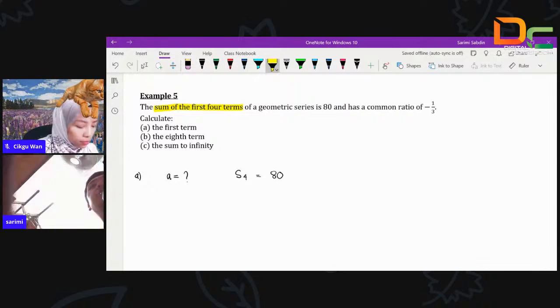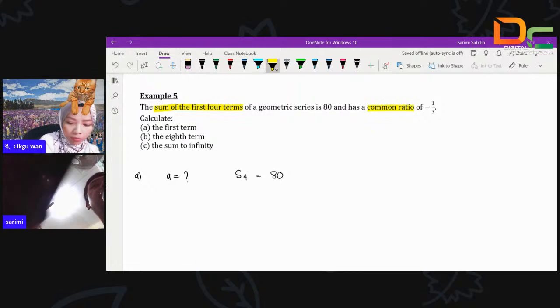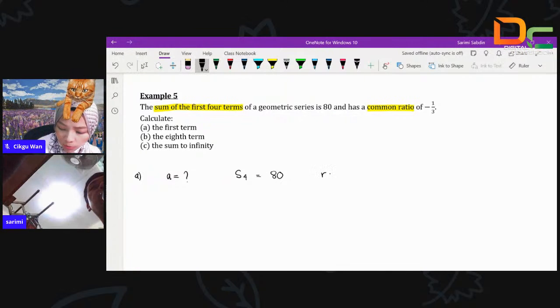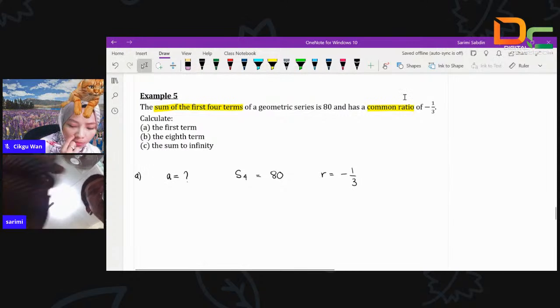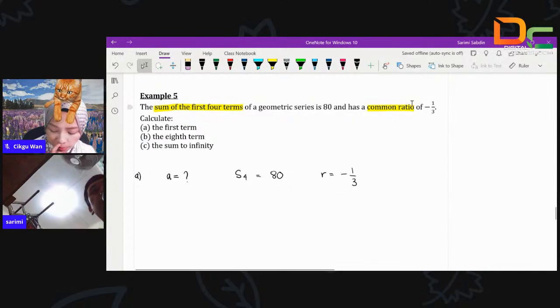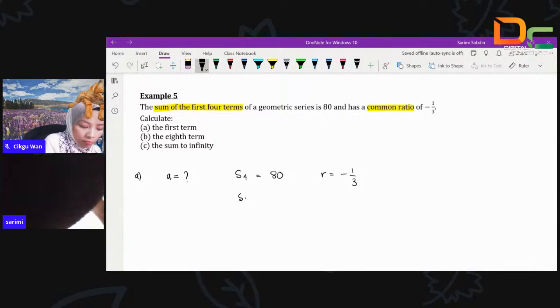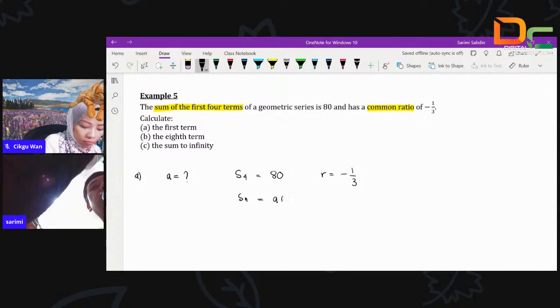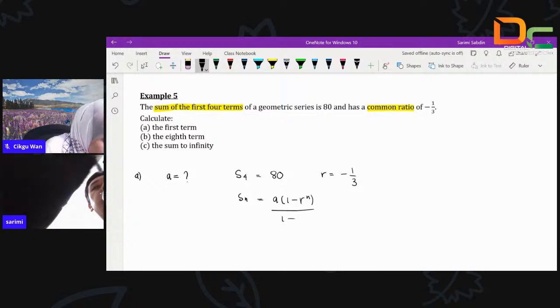And the common ratio, R, is negative 1 over 3. So to find A, we're going to use the formula for Sn. Since R is less than 1, Sn is A times 1 minus R to the power of n over 1 minus R.